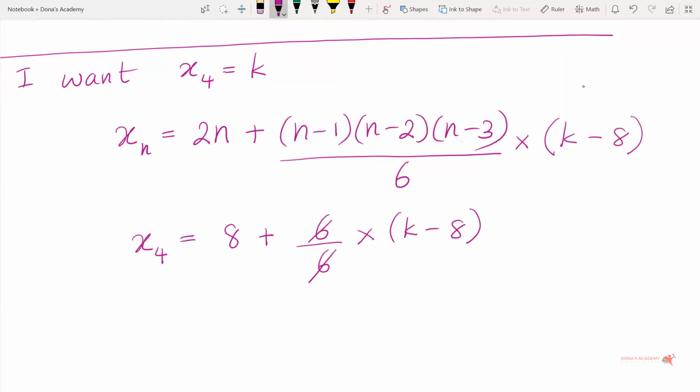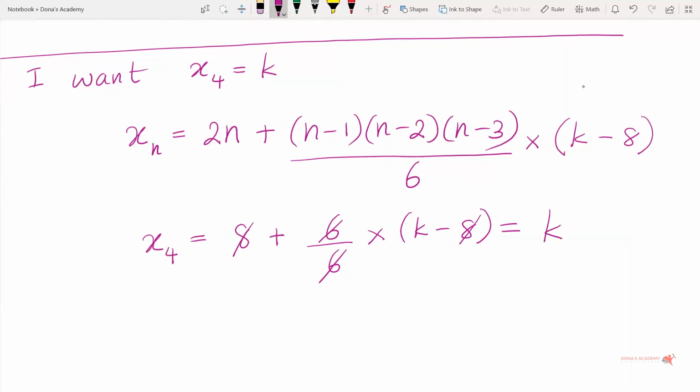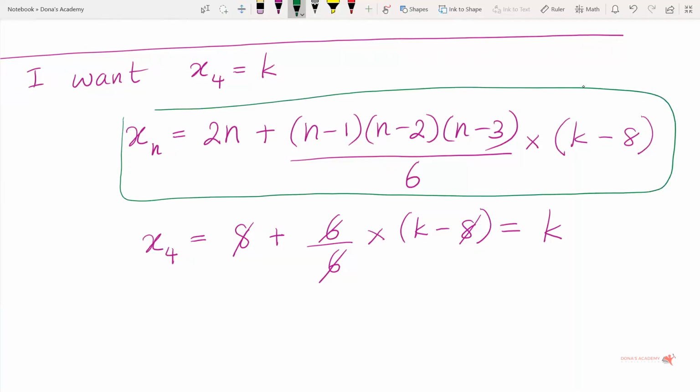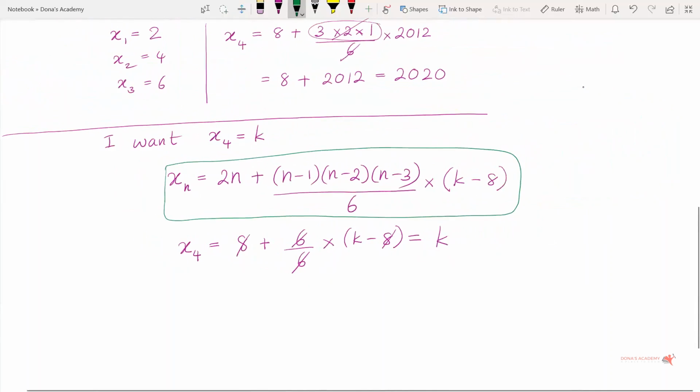Cancel 6 and then cancel 8. What do you get? K. x4 is K. So by this formula, I can get K for x4. K is any number. All right. So did you see how many possibilities we can have? There are infinitely many possibilities for the next element, so that the first three elements are still constants, 2, 4, 6.